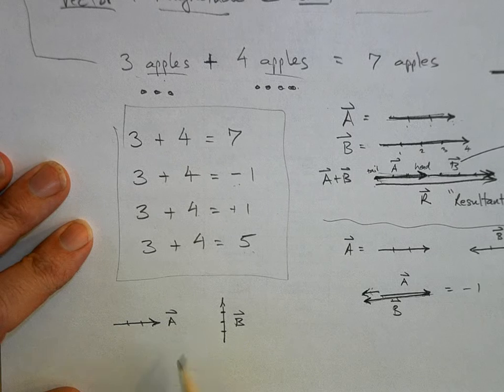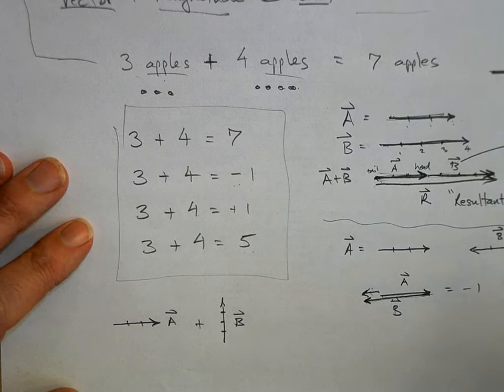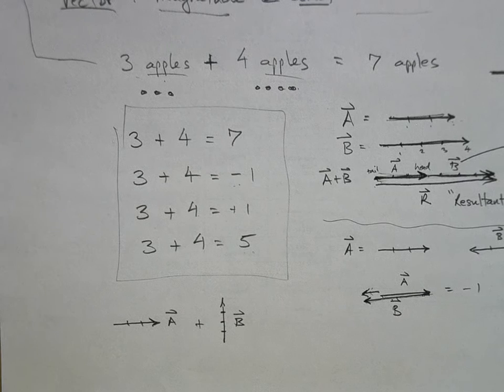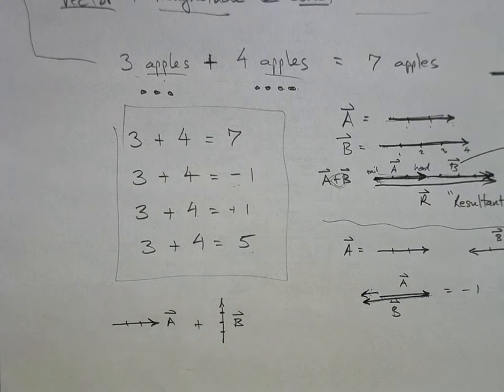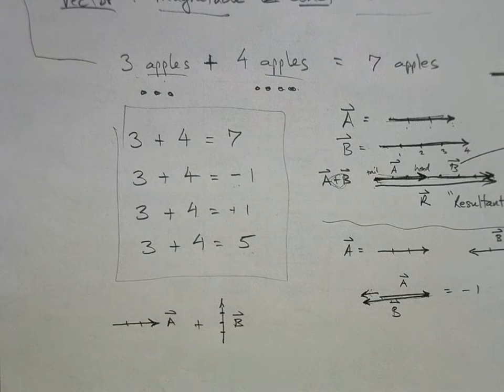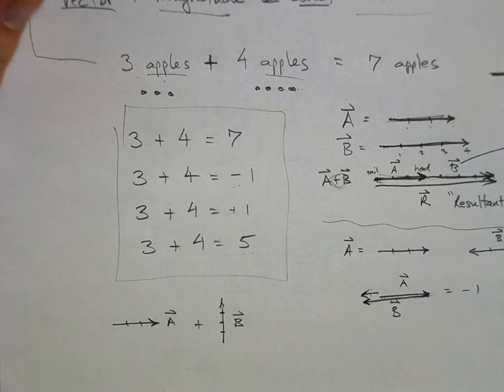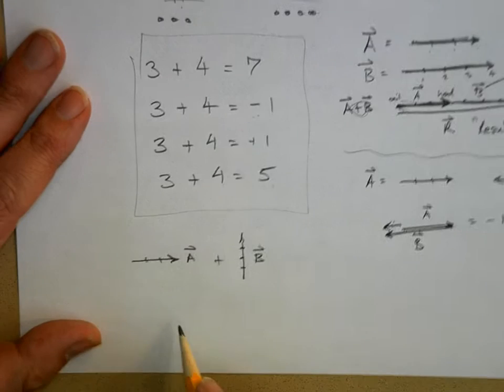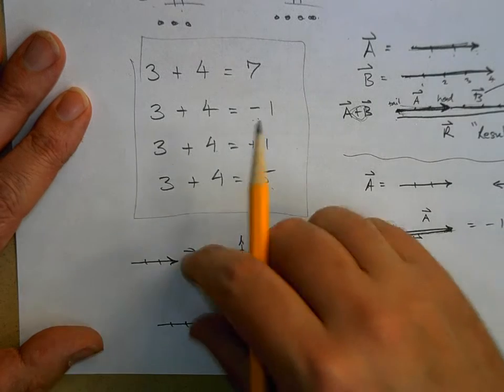What is A plus B? We'll hook them up head to tail. Hook them up head to tail. That is the algorithm. That is what the plus sign means. If you have a plus sign between two vectors, it's telling you to hook them up head to tail and see what you get. Now in this case, A plus B, pick it up, put it down there.